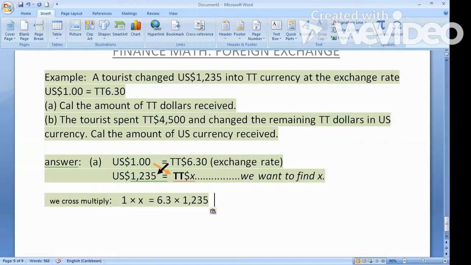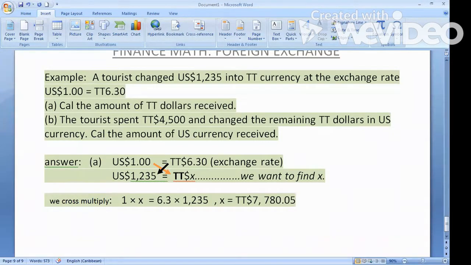Now check this out. What is 1 times X? Just X, and X is in what currency? TT. I hear somebody say 7,000 something. When you multiply it, what do you get? 7,000 what? 7,780.5, and 5 cents?